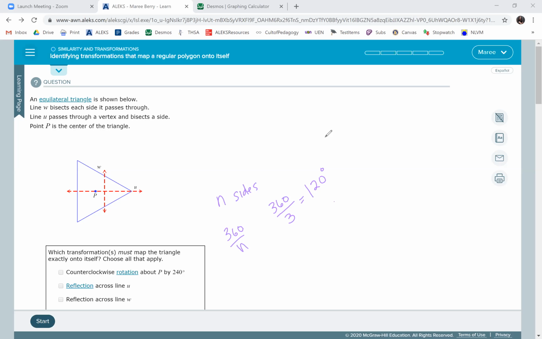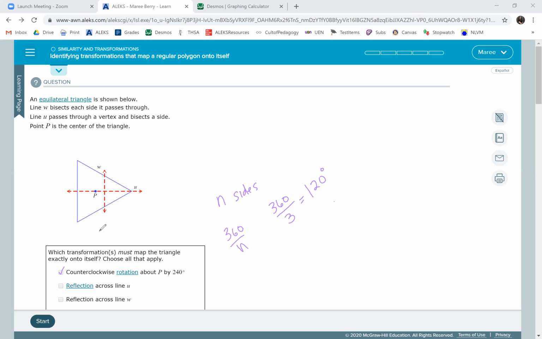So every time you rotate it 120 degrees, it will map onto itself. In other words, it'll look the same. So if I rotate it 240 degrees, that is divisible by 120. It goes in twice. So I will be able to see this figure again. So yes, that one will work.